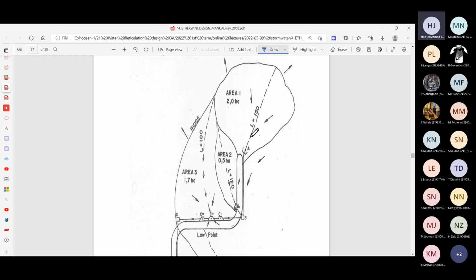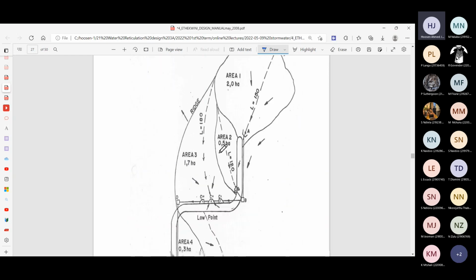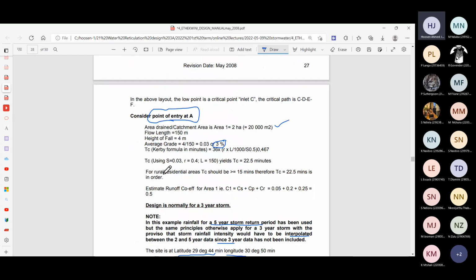So we'll use the Kirby formula. Let me just erase the blue line. The Kirby formula is given to you in the notes and it's explained to you.